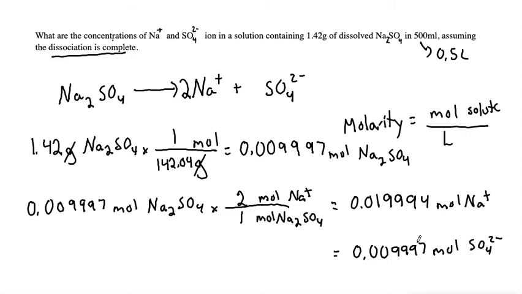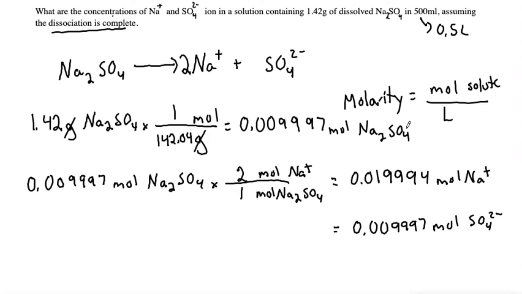Okay, so now we have our mole values, but the question is asking for what are the concentrations. So we need to think about what the molarities are. Let me give myself a little more room. And the molarity, so this first one is going to be the molarity of the Na+.